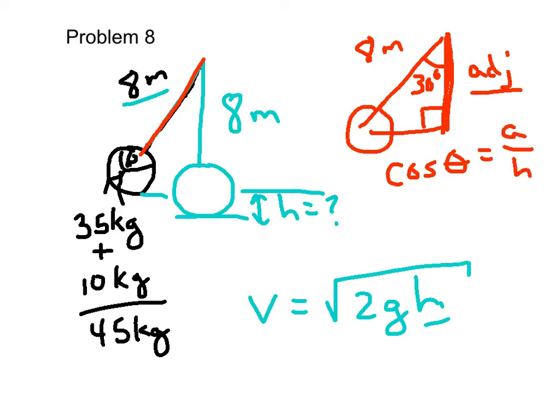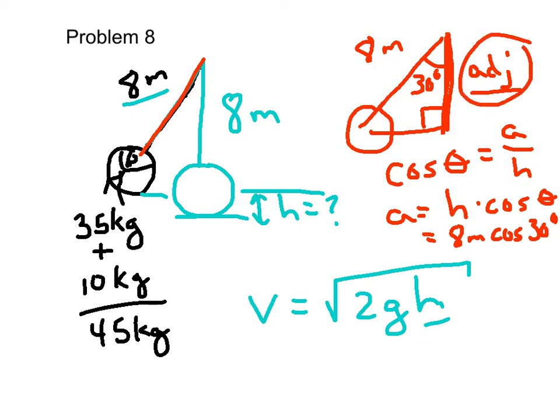So if we want to find the adjacent side, it is the hypotenuse times the cosine of the angle. And we know that the hypotenuse is 8 meters. The angle is 30 degrees. So we can solve what our vertical distance is when the rope swing is swung all the way out.